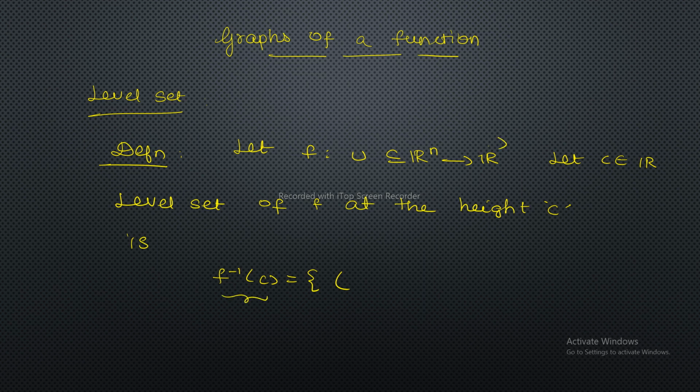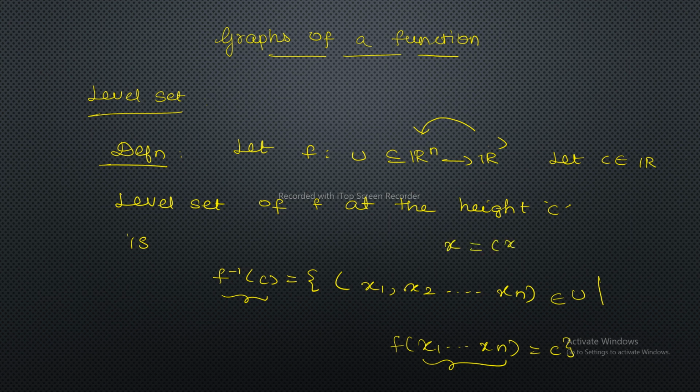It is a subset of your domain, of n-tuples, so (x1, ..., xn) in U such that f(x1, ..., xn) is equal to C. Here my x is nothing but x1, x2 and so on up to xn. Collect all those x such that f(x) is equal to C. That is what the level set means, the level set of a function at the height C.